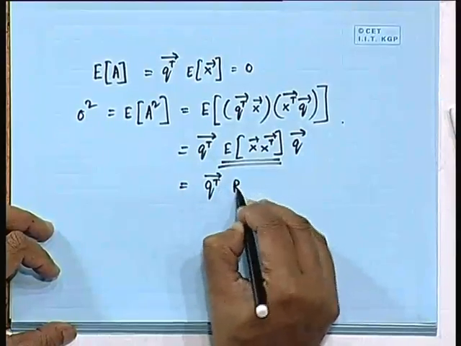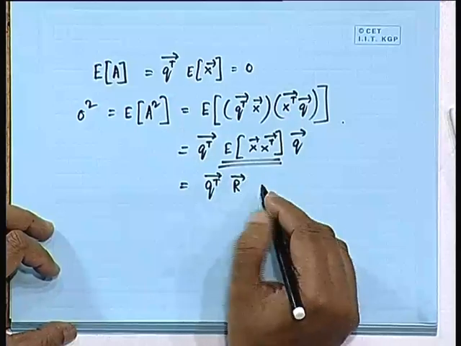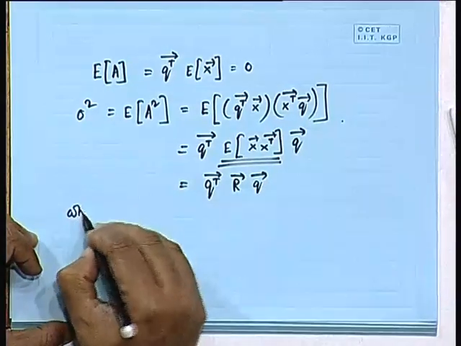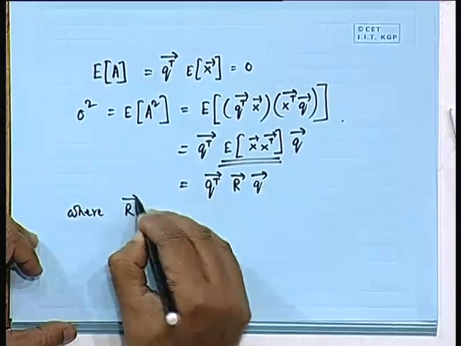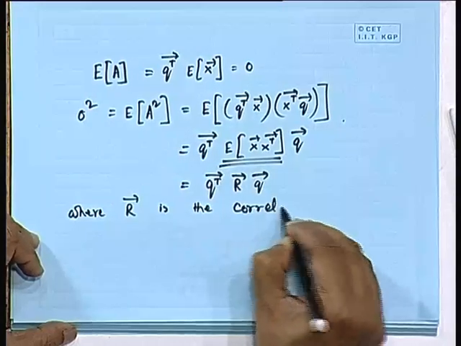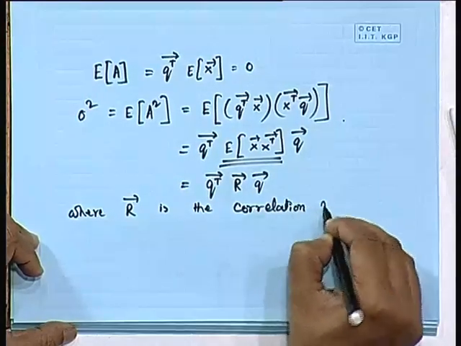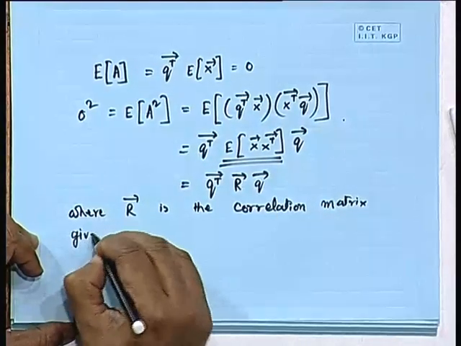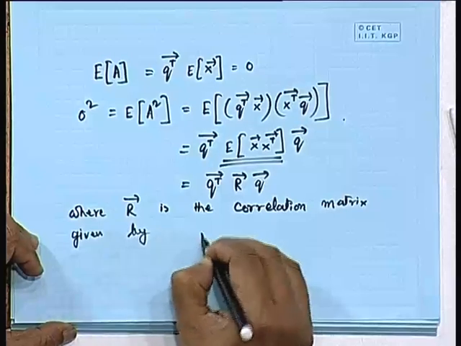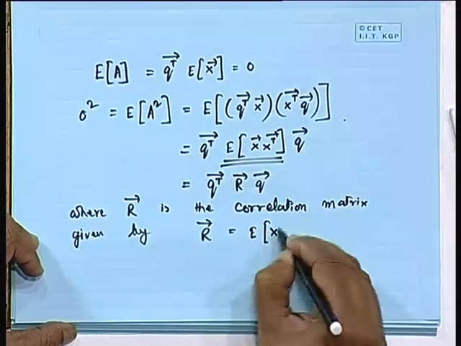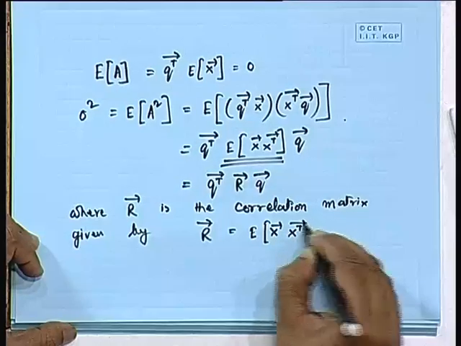So, we are going to have it as Q transpose the correlation matrix R times Q vector, okay, where R is the correlation matrix, okay, given by R matrix equals expectation of x x transpose. Followed?